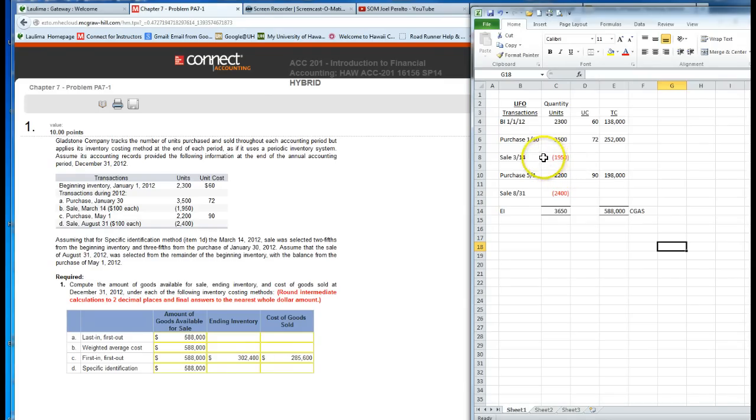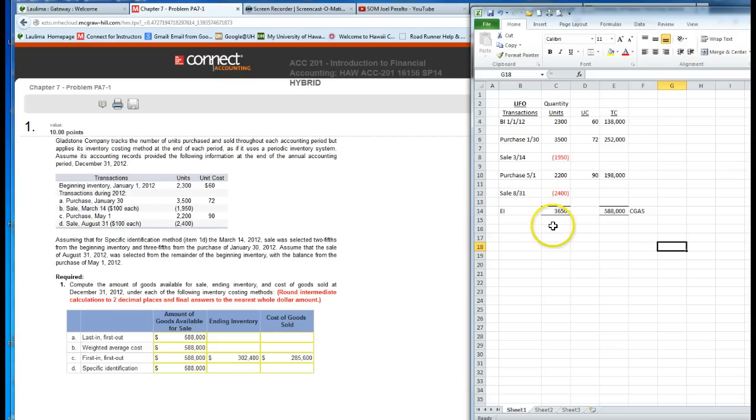LIFO, on the other hand, last in, first out, which is the costing assumption we're going to work with now, assumes the opposite. It assumes the last purchased inventory is the first sold.